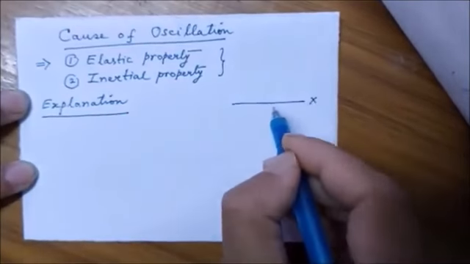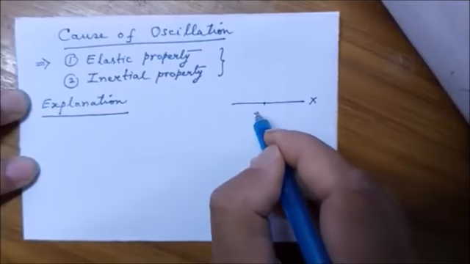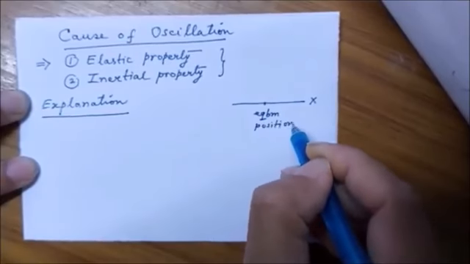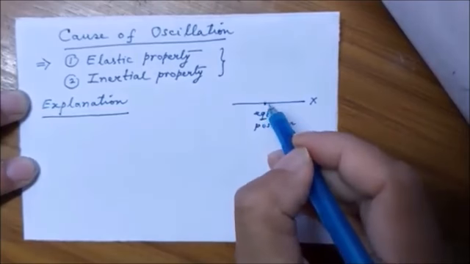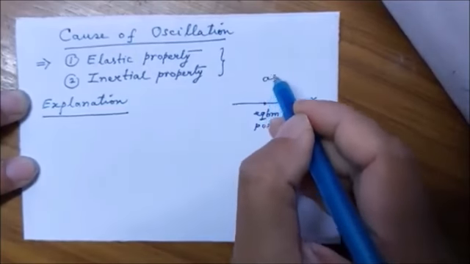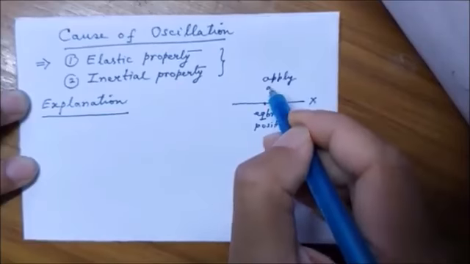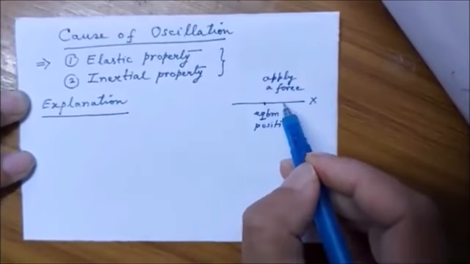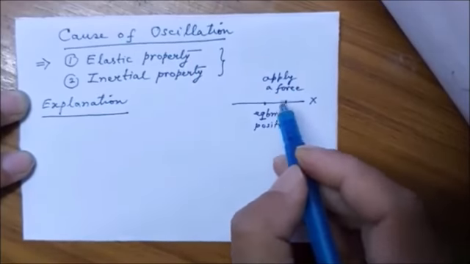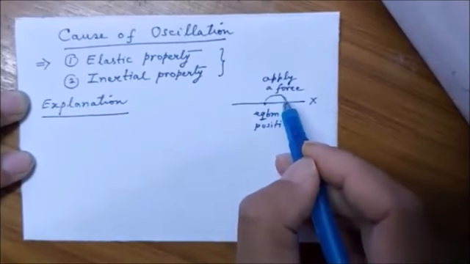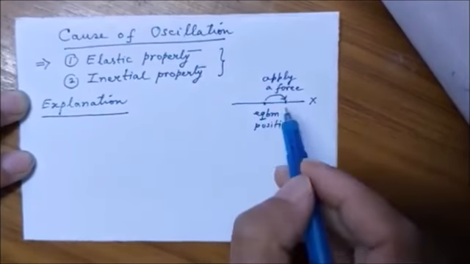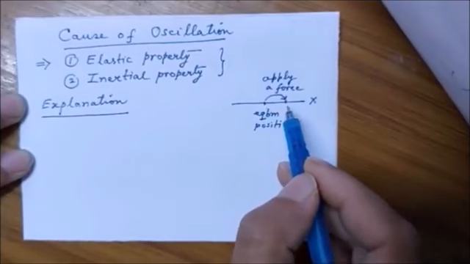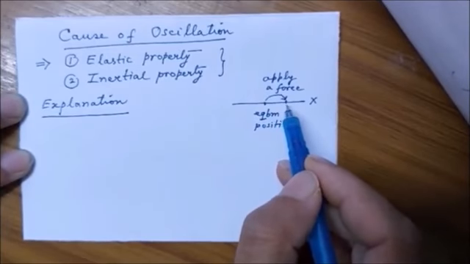Suppose this is the x-axis and this is the equilibrium position of a particle, and let us apply a force on it. So apply a force on the particle and take it somewhere else, say here. And this is done against the wish of the particle, as a result of which a reaction force develops within the particle.